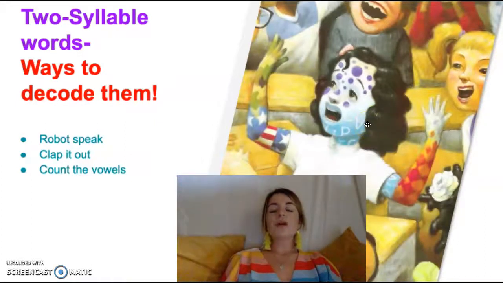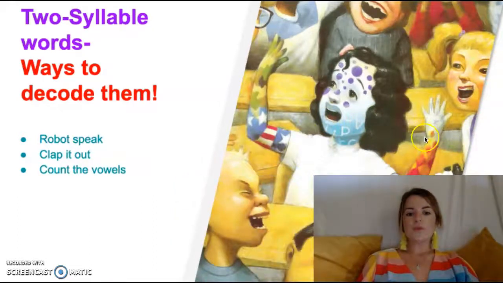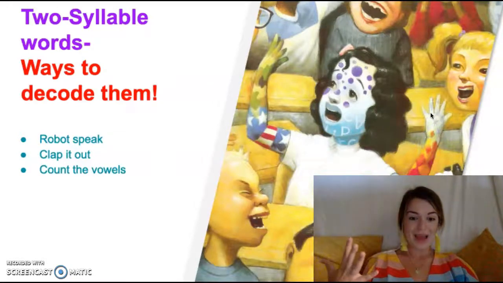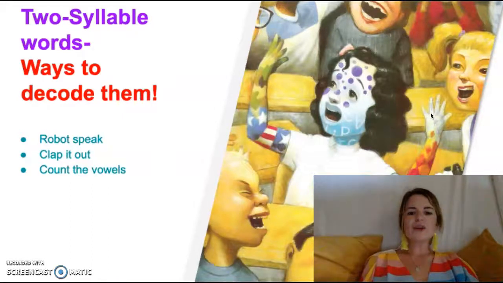So we're going to focus on two-syllable words today. And two-syllable words are very similar to one-syllable words, which we're already familiar with, but just as the name implies, there are two of them. So words can have 7 or 8 or 9 syllables depending on how large the word is. So really, it depends on what word you are reading and focusing on, but today we're going to just focus on two syllables and how to break those up.